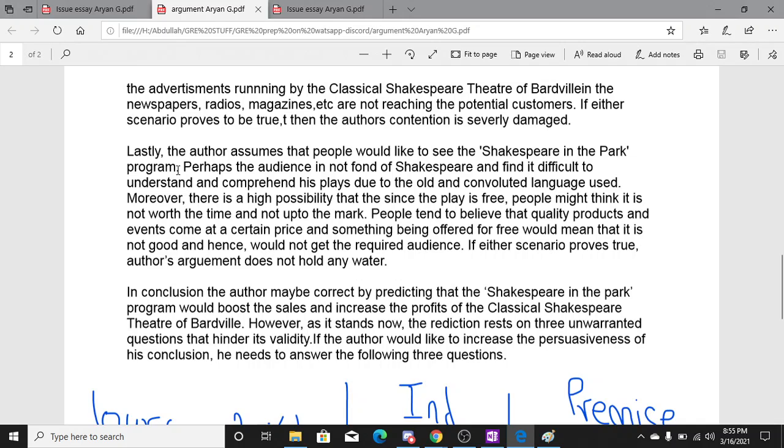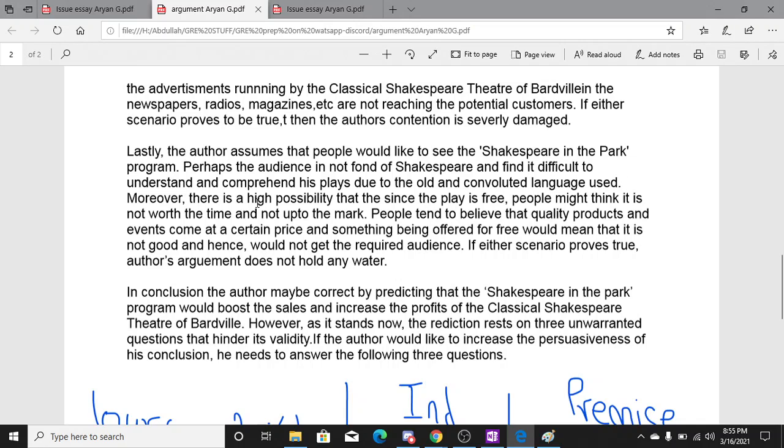The question that needs our attention over here is what is making the author assume that simply starting a program which might have worked for XYZ company is going to work for you as well. And then I would have started the same thing, like, from perhaps. Perhaps the audience is not fond of Shakespeare and finds it difficult to understand and comprehend his plays due to the old and convoluted language used.